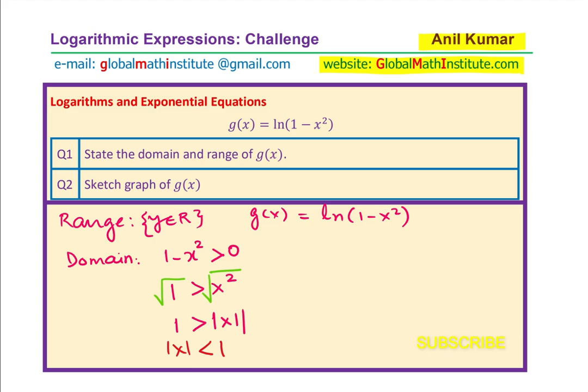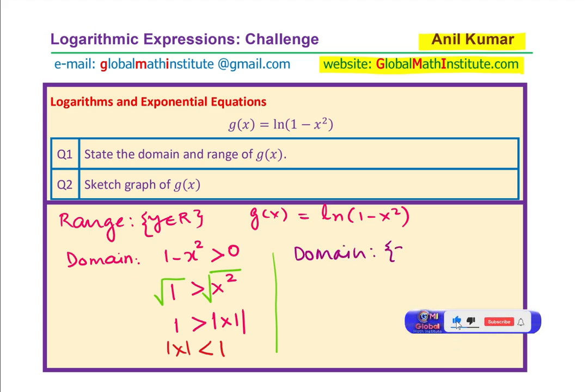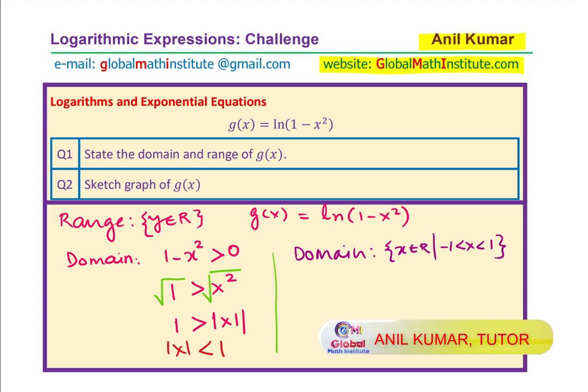So clearly, the domain of this function is that it is within plus or minus 1, right? So now we can write down domain as x belongs to real numbers, so that x is between plus and minus 1, correct? So that becomes the domain of this particular function.